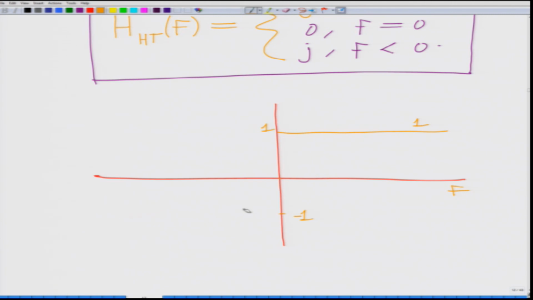So, this is your sine function, this is sine of f.